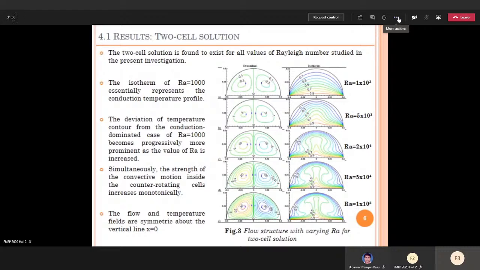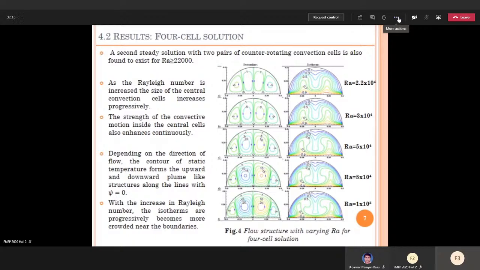Further, it is noticed from the contour of stream function that as Rayleigh number is increased, the intensity of convective motion inside the cell increases. Lastly, we can see that the x equal to 0 line represents a virtual adiabatic wall, which doesn't allow any cross flow and doesn't allow any lateral heat transfer to take place.